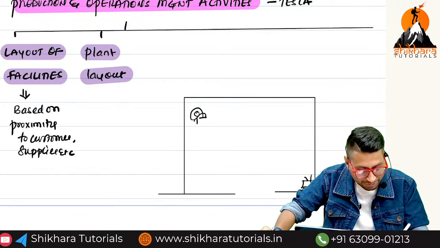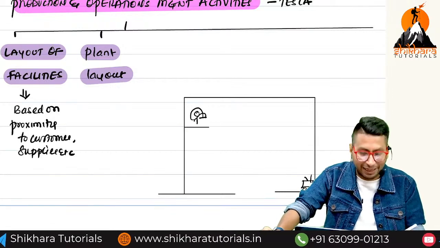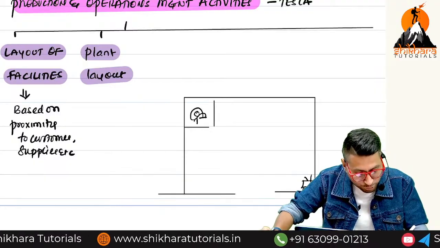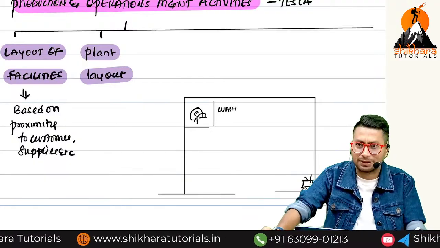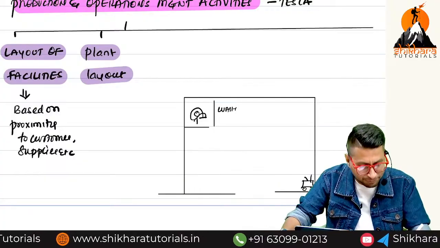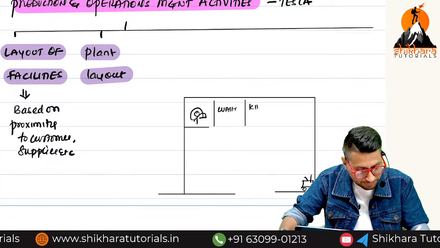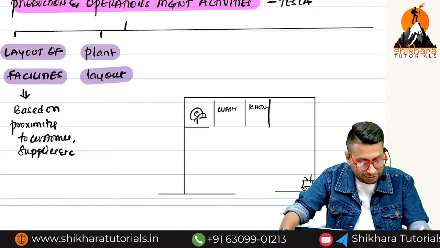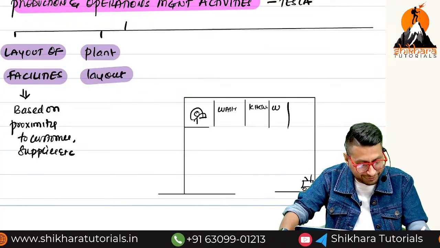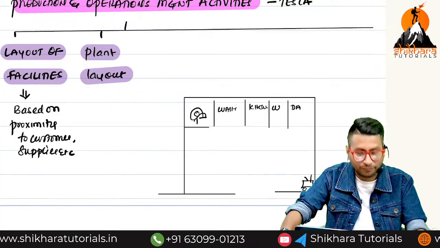This is the dining area. And beside the dining area is a washroom, an open space. And beside the washroom there is the kitchen. Beside the kitchen there is another washroom. Beside that, another dining area.